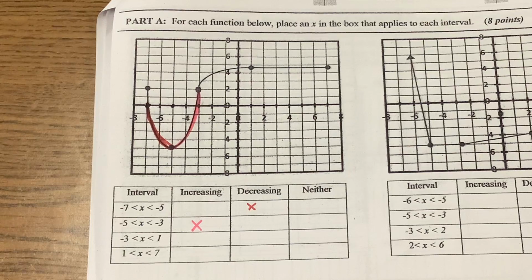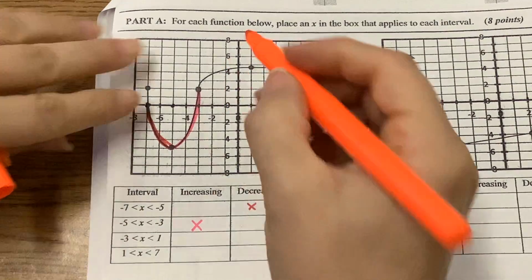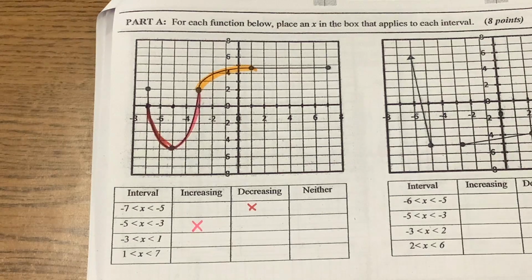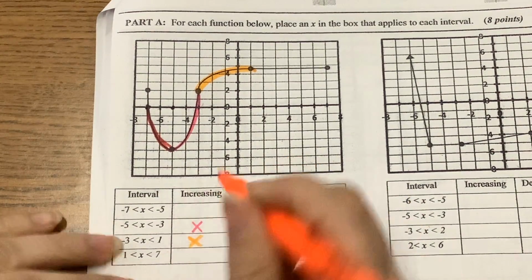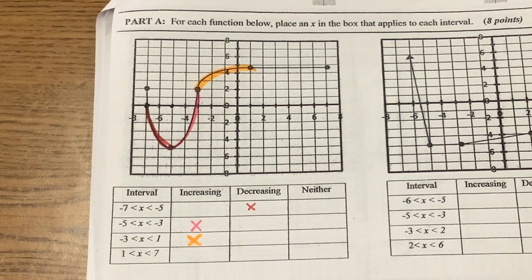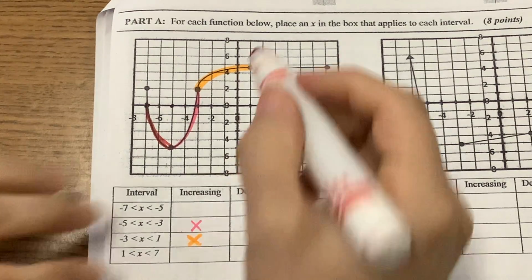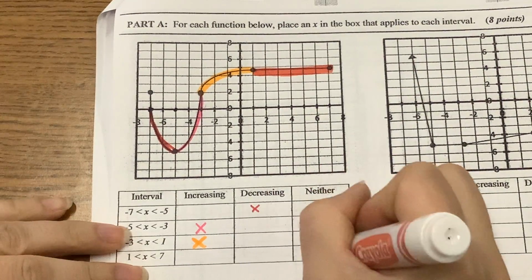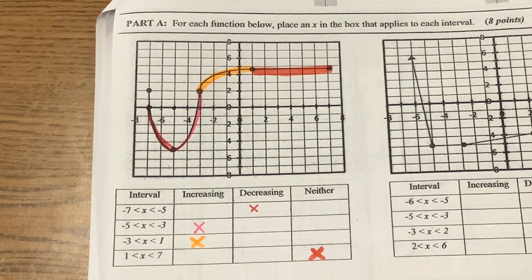All right, and then from -3 to 1, so from here to here, what is that? And then we have 1 to 7, what's happening? Neither. It's flat line. That's a 0 slope. Nothing's changing.